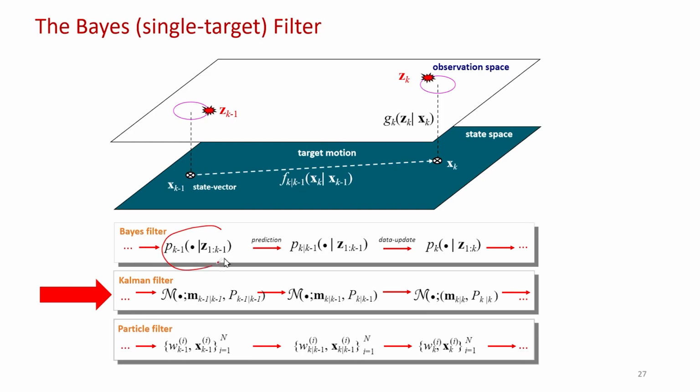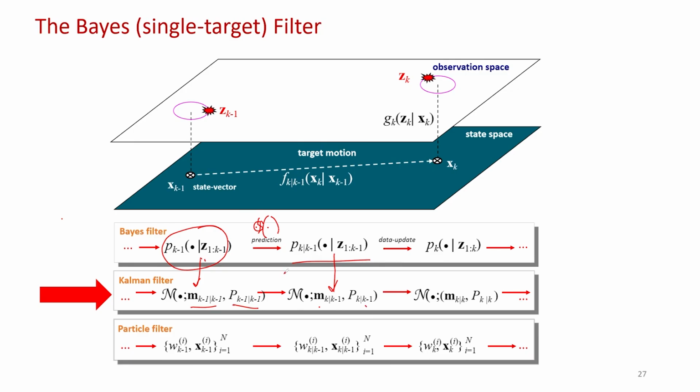So, here is your estimated distribution, again I am repeating, estimated distribution at k minus 1. I approximate it with a mean value, the estimated value at k minus 1, and a variance value at k minus 1. Then I use my state transition matrix or phi matrix to do some prediction by some equation. With that equation I get another mean and another covariance matrix at time t equal to k.